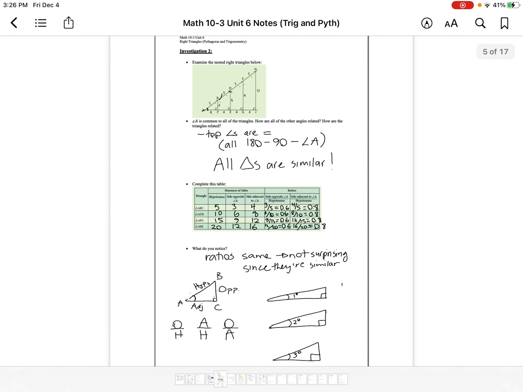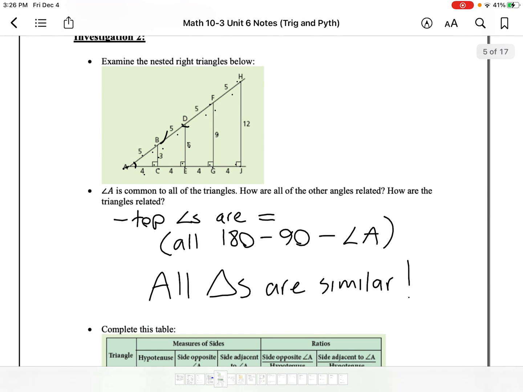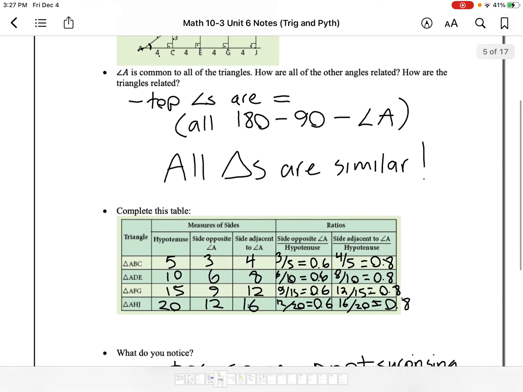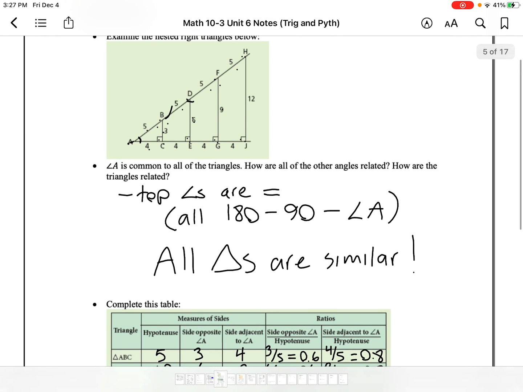And we did the same thing over here. Here we had a diagram of these nesting triangles. And we determined that these were also all similar to one another because all of their angles were equal. And then we filled out this chart, and we looked at some other ratios, not height to base, but this time the ratio of the opposite side to the hypotenuse. The opposite side is the one that's across from angle A, and the hypotenuse is the longest side.